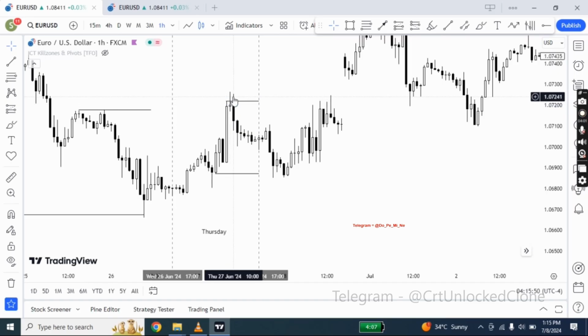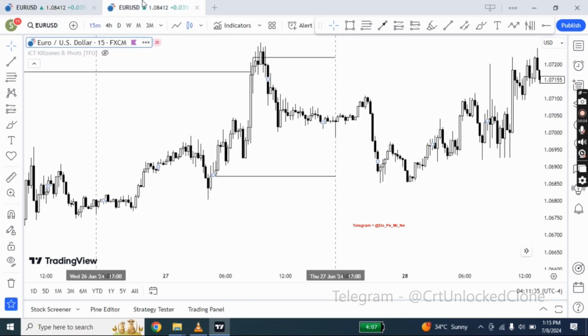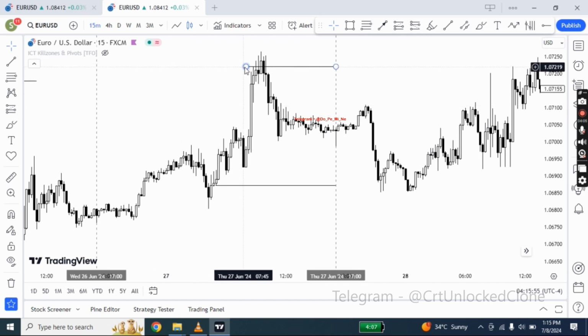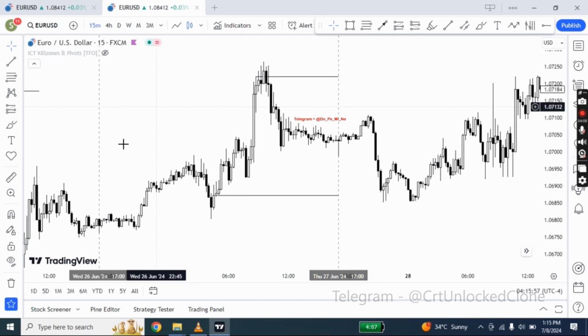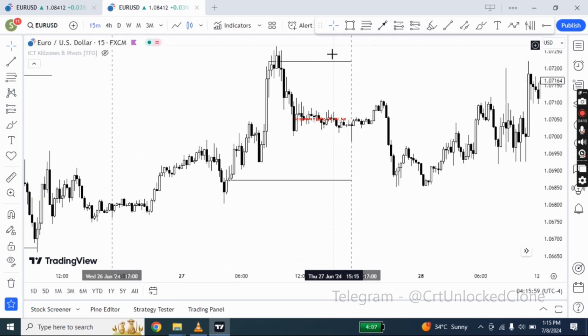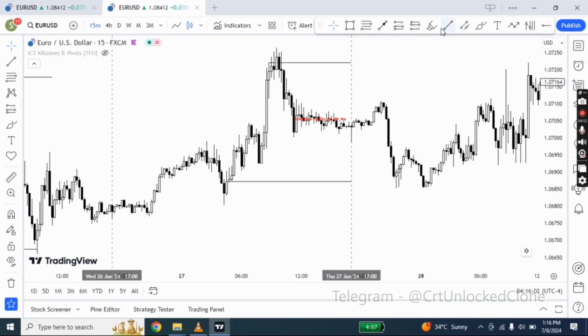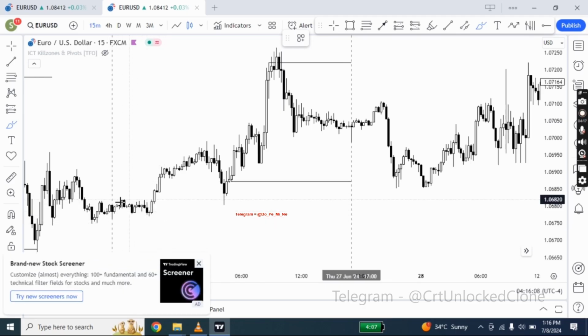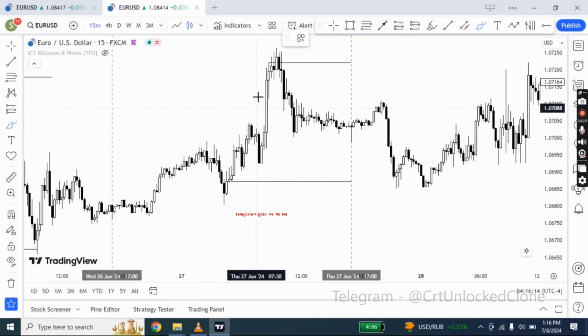Then I moved on to the 15-minute time frame for profiling and entry setup. On the 15-minute, you can see these different profiles here, right? We've got this ranging profile, then this expansion profile, then this retracement profile before expanding higher again.